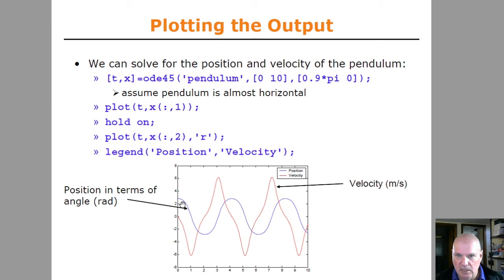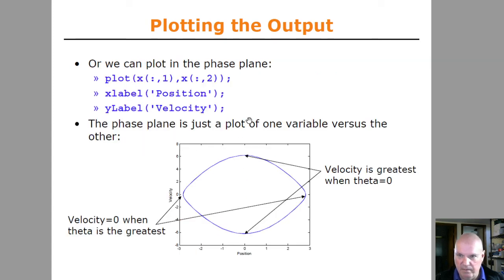In blue is theta, and then theta dot, the angular velocity, is shown in red. That's the second column from our solution vector, and we plot those versus t. So this is showing a plot of the angle of the pendulum and the velocity of the pendulum as a function of time.